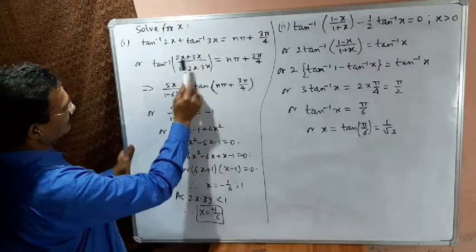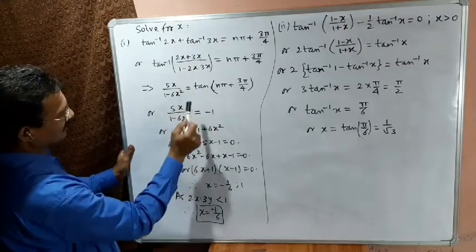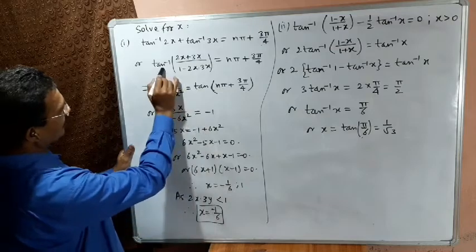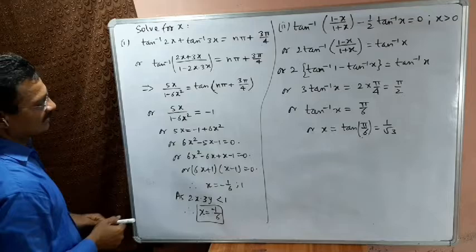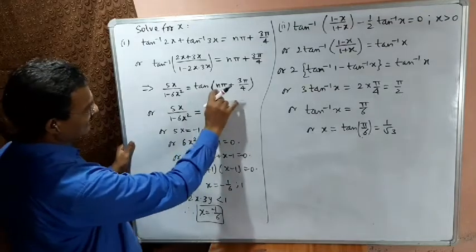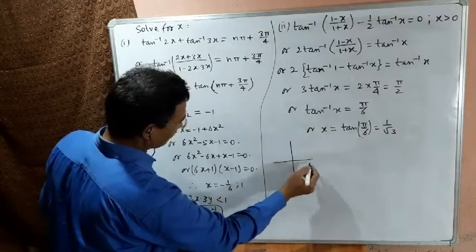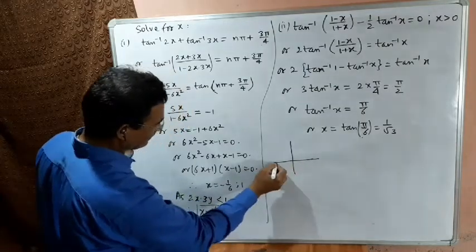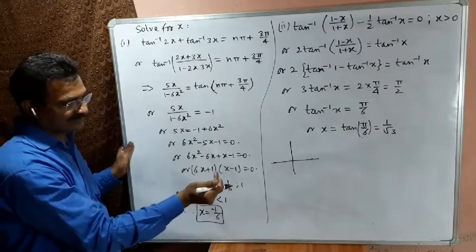After simplification, this is 5x and this is 1 minus 2x into 3x, that is 6x square. Now tan inverse will go to this side, tan of n pi plus 3 pi by 4. Now we have to understand the angle n pi plus 3 pi by 4. You know, n pi angle will always lie along the x-axis, either on the positive direction or the negative direction.